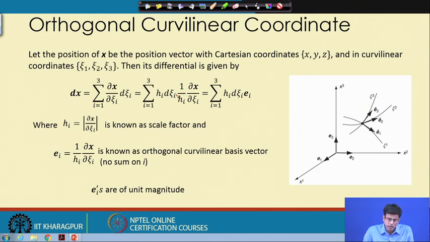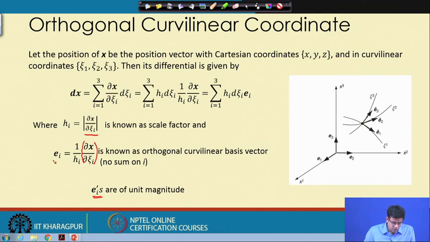Now, if I define my curvilinear basis, for instance e_i, as 1 by h_i times del x by del xi_i, it has to be remembered that there is no sum on i. Since we are dividing this vector by h_i, these e_i's are of unit magnitude, because h_i is the magnitude of this vector.